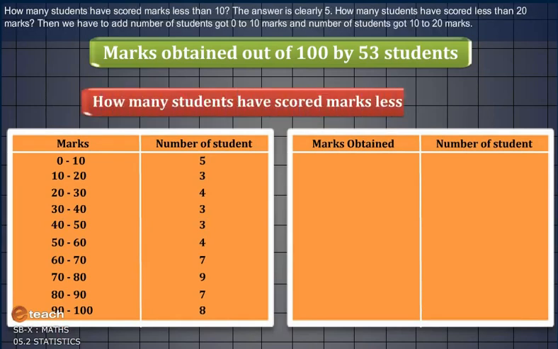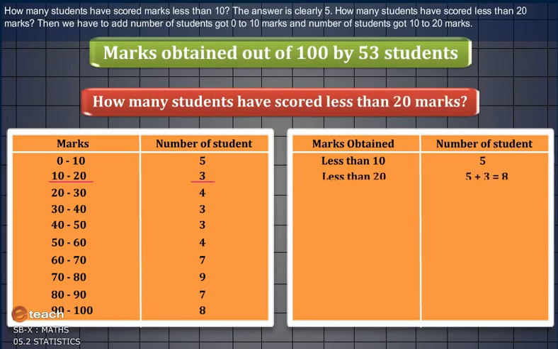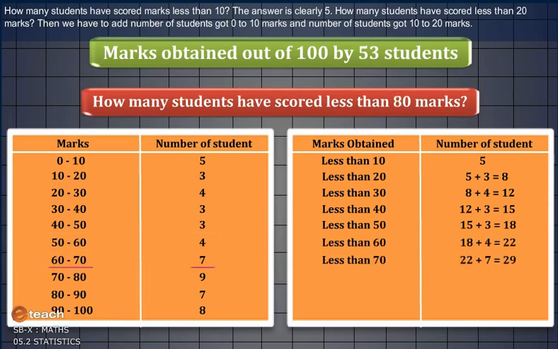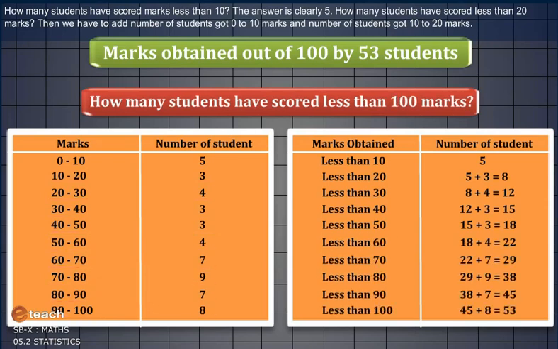How many students have scored marks less than 10? The answer is clearly 5. How many students have scored less than 20 marks? Then we have to add the number of students who got 0 to 10 marks and the number of students who got 10 to 20 marks.